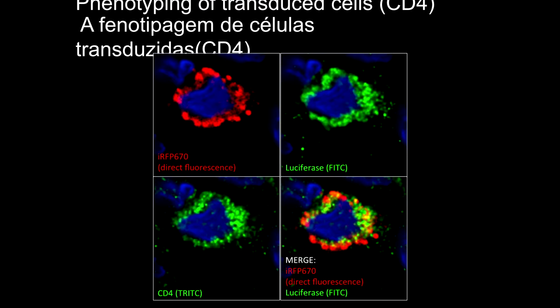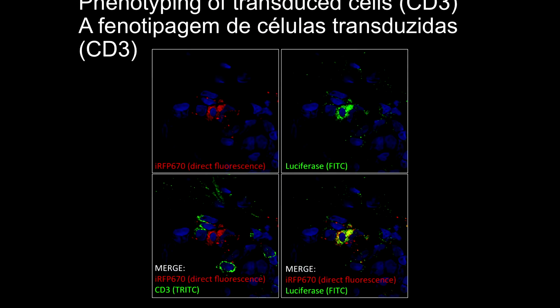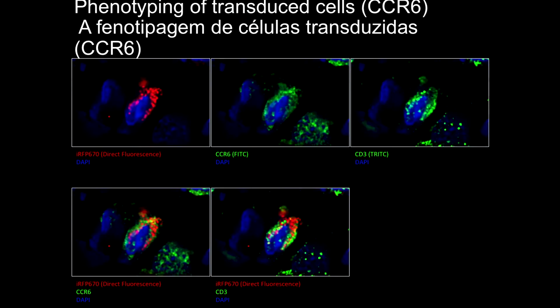Here is looking at another marker, CD3. And again, we see this is a CD3 positive cell, probably a T cell. This is now looking at the CCR6, which is, actually, also a marker on the immature dendritic cells, but this appears to be, because it's CD3 positive and CCR6 positive, a Th17 cell.